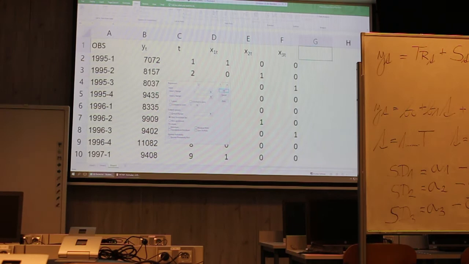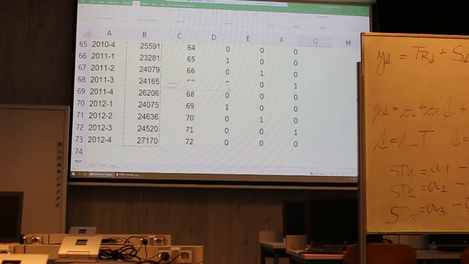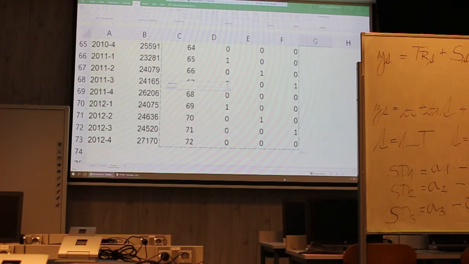So input Y range, I will select from cell B1 to cell B73. Input X range from cell C1 to F73.